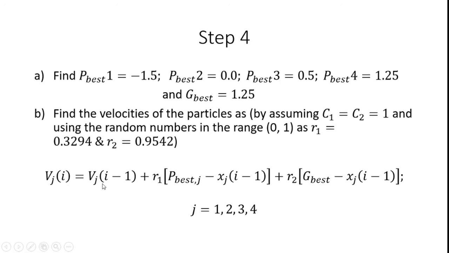Vj of i is equal to Vj of i minus 1 plus R1, where R1 is a random number, open bracket, P best, which is the value from the initial iteration, the 0th iteration, minus xj of i minus 1, which is also the same x point available from the previous iteration, and R2, random number 2, times G best, and already I know the G best value, so G best minus the corresponding point. Here j represents 1, 2, 3, 4 because I consider the particle size as 4.